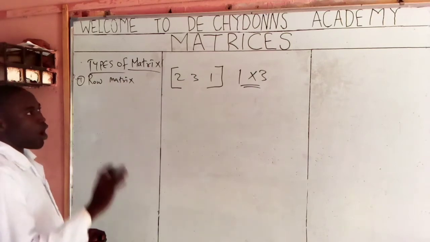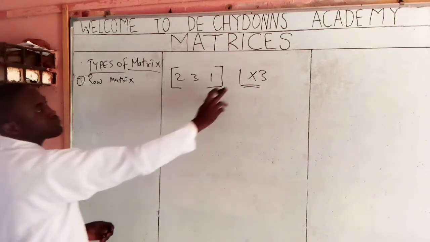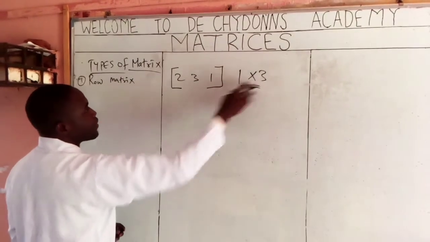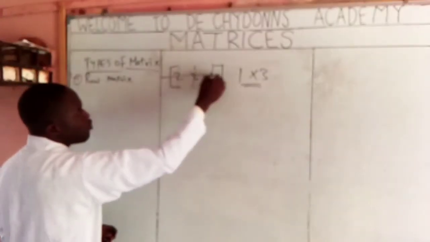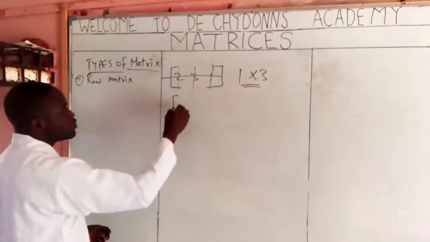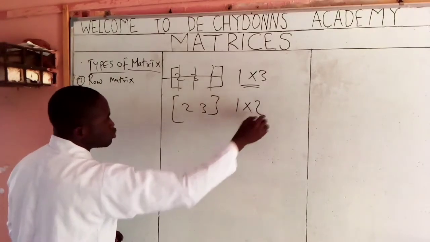I repeat, row matrix means matrix with only 1 row. Then the order or dimension of a row matrix starts with 1. So this one is 1 by 3 because the column will be 3, but the row will be 1. If you have it this way, 2 and 3, this will be 1 by 2.